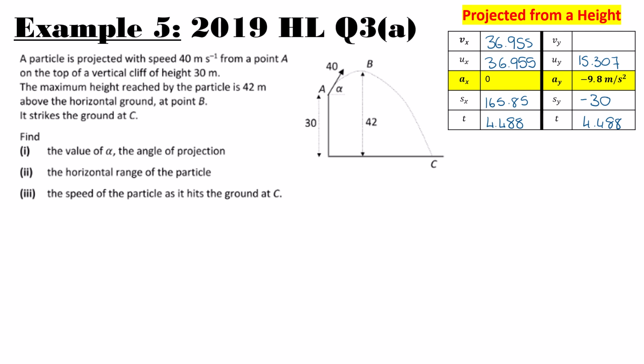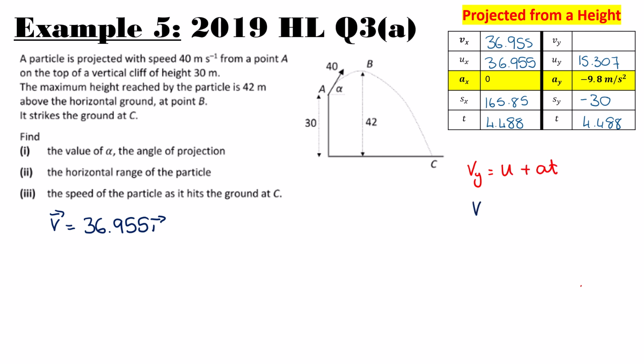So what we're really being asked for first is to get the velocity vector. So the velocity vector is 36.955 i plus something j, but we don't know what that is. So we're going to work out our velocity in the y direction first. v is equal to u plus at.